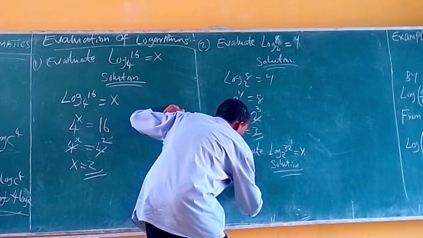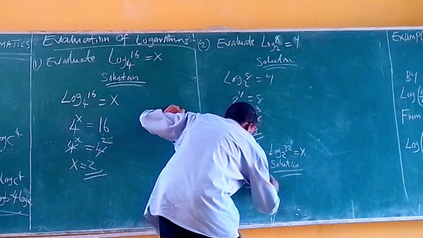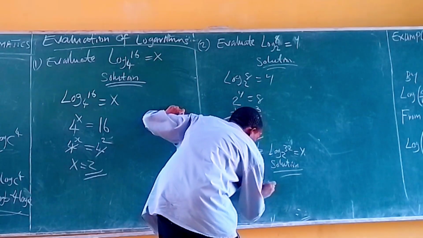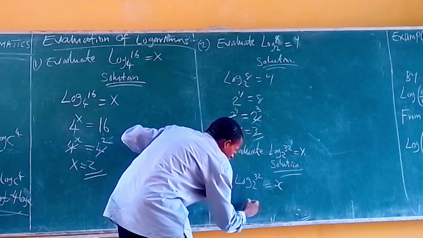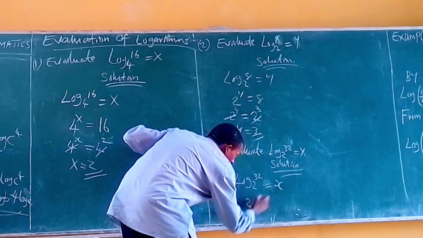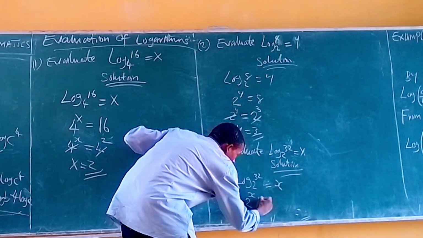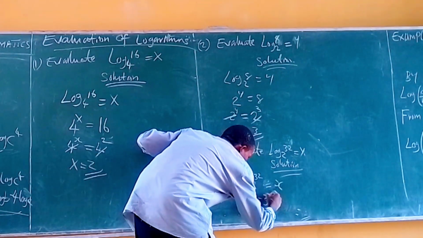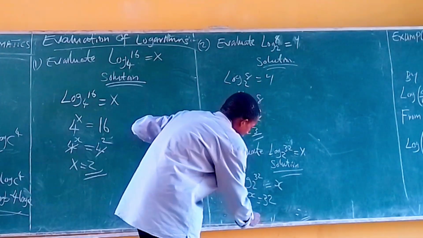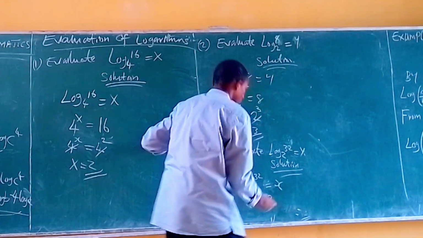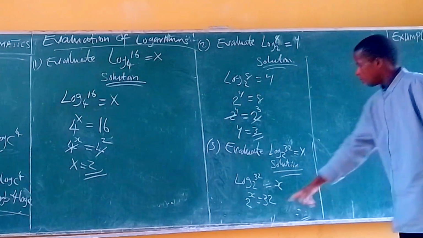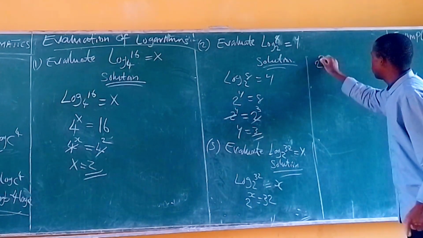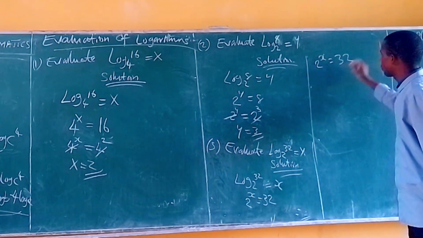Log of what? Now we convert it to indices. This becomes 2 to the power x equals 32, right? So we have 2 to the power x equals 32.